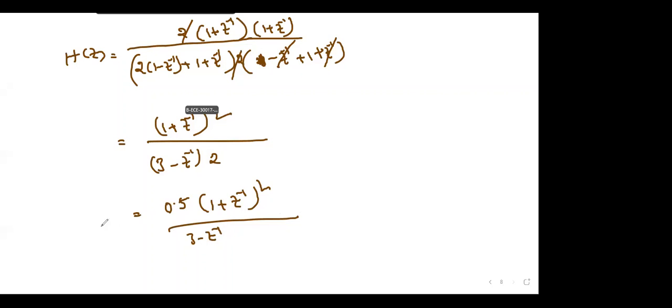Here you can keep it like that, but always my suggestion is to keep the first coefficient in the denominator as 1, so take 3 common. So 0.5 by 3, how much, Sandhya? 0.5 by 3, (1 plus z power minus 1) whole square divided by (1 minus 1 by 3 z inverse).